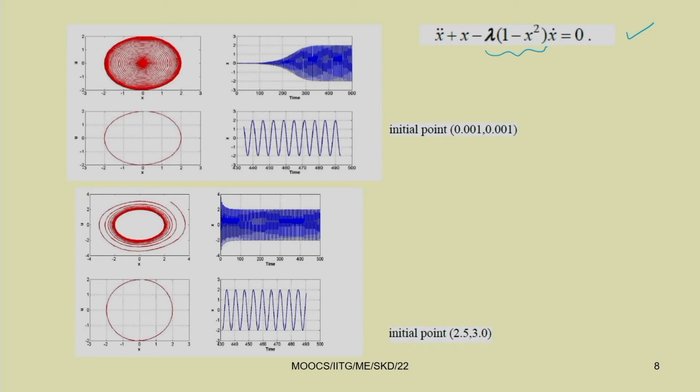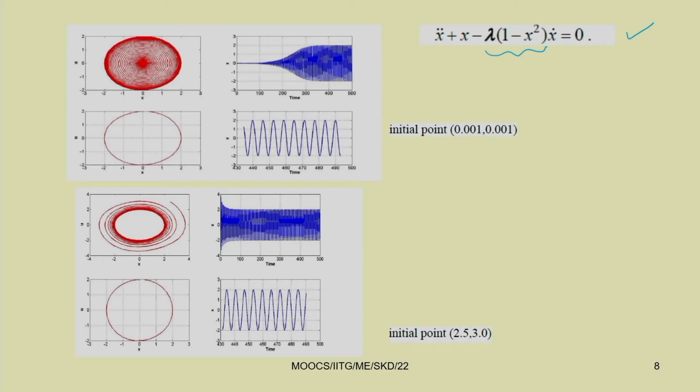The coefficient of this damping equals lambda into (1 minus x square). For example, let us take mod x less than 1. If it is less than 1, what will happen? In that case, this 1 minus x square is also less than 1, so lambda into (1 minus x square) into x dot.